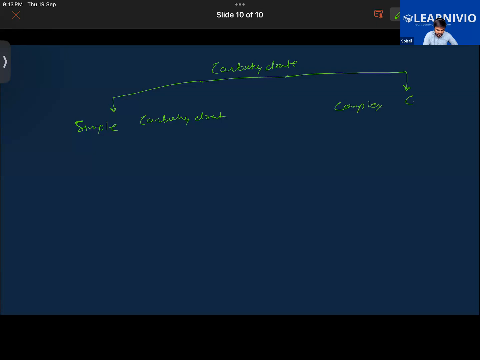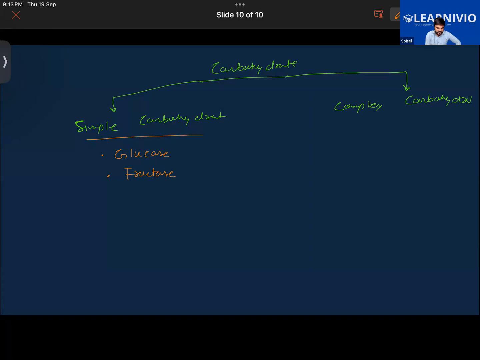Examples of simple carbohydrates are glucose, which is a simple carbohydrate, and fructose, which is also a simple carbohydrate.